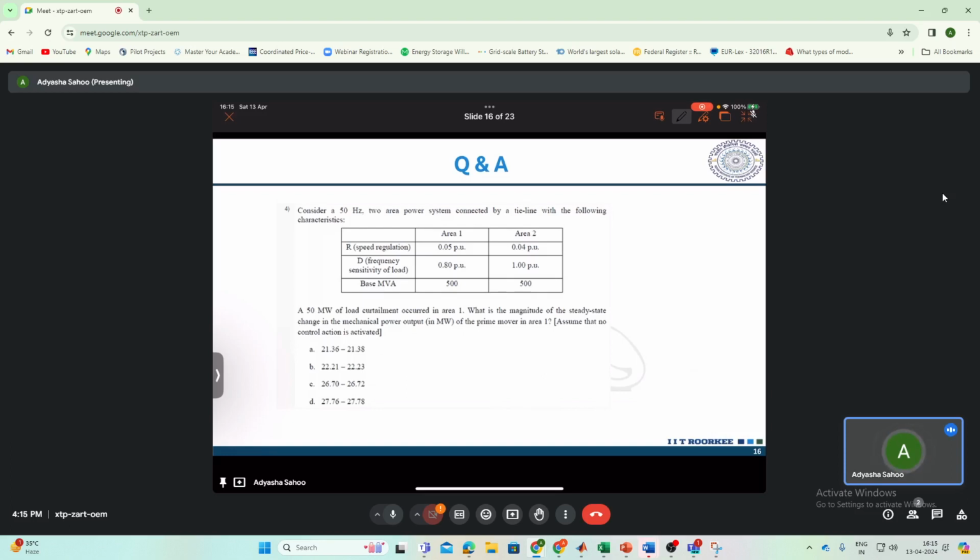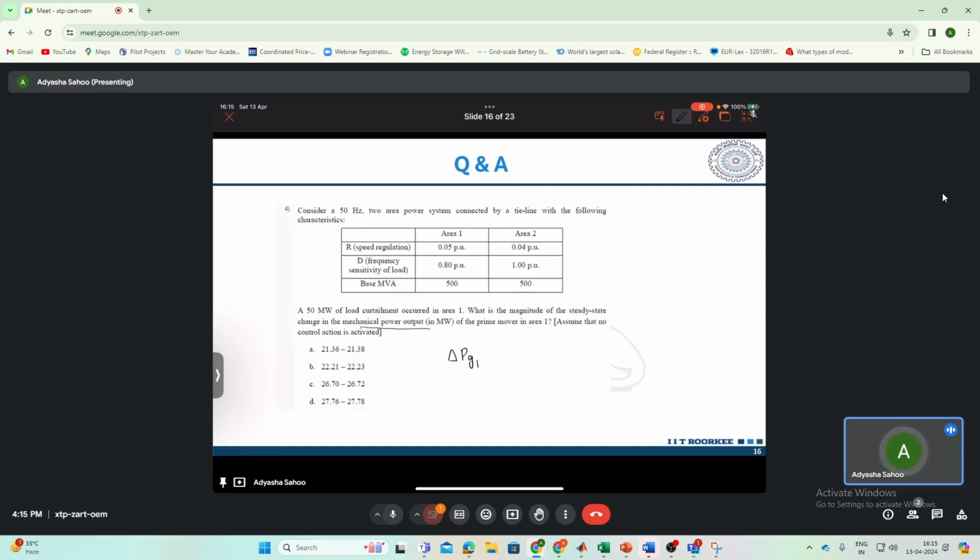Now the next question. Here it is the same question. It is asking what is the magnitude of steady state change in mechanical power output of prime mover in area 1. Basically, it is asking delta PG1.